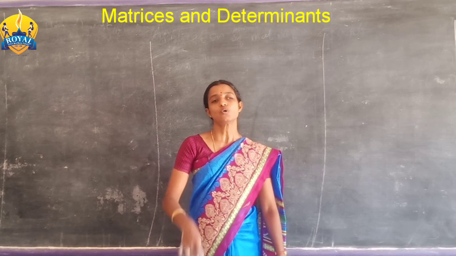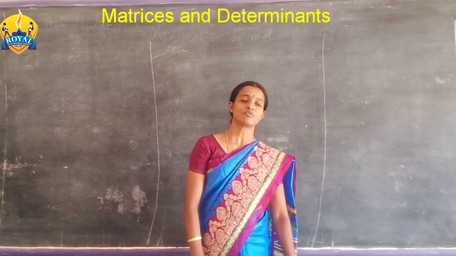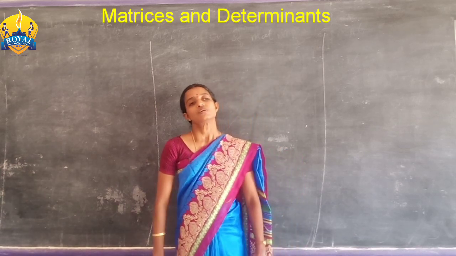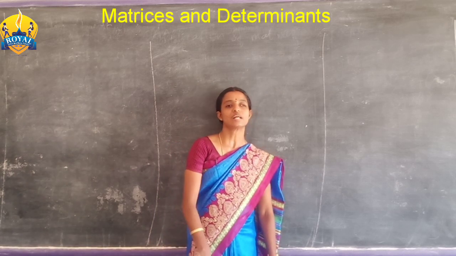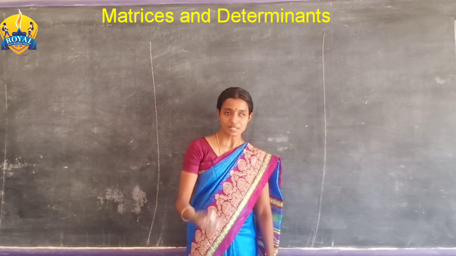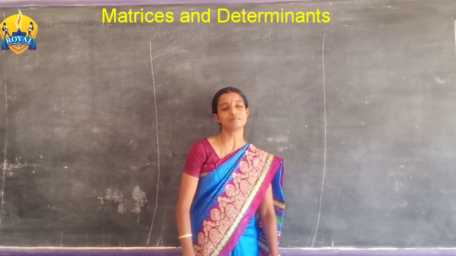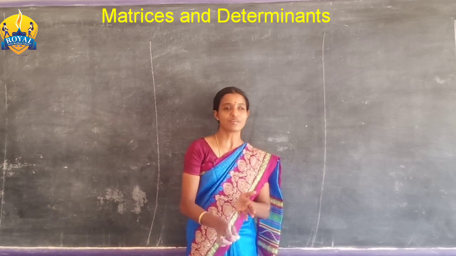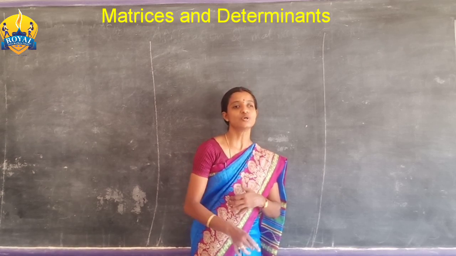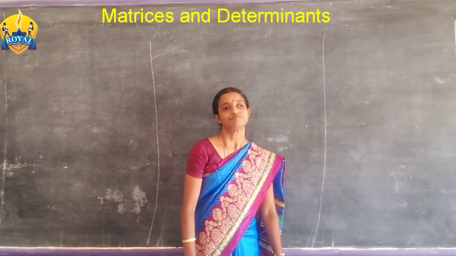You will apply row column multiplication to find the product of a matrix always. So now in 11th standard, let us recapitulate what you have learned in 10th standard. Then with the help of that, we will enter into our 11th syllabus.